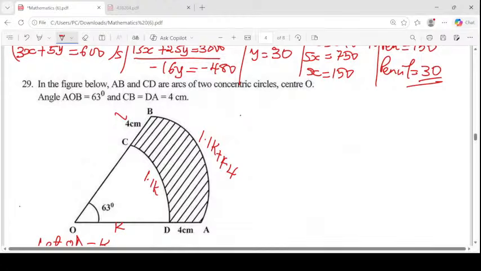Let us proceed and see how we get the area. Now, we've been asked in this question to get the area of the shaded region.